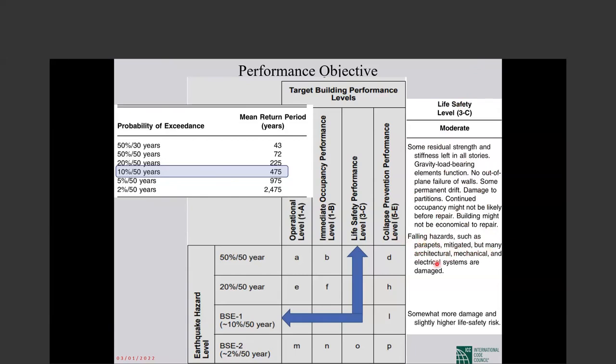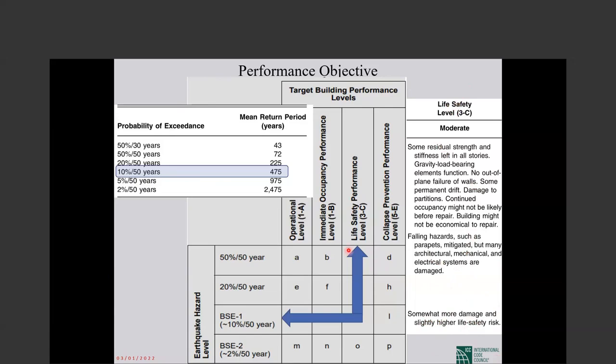But many architectural, mechanical, and electrical systems are damaged. We call this life safety. So most probably we can't repair the building. And if we compare with the new building code, it says the life safety in the existing building code is somewhat more damage and a slightly higher life safety risk.